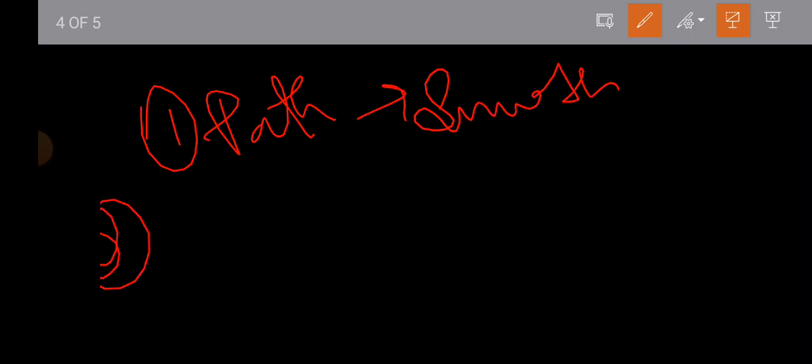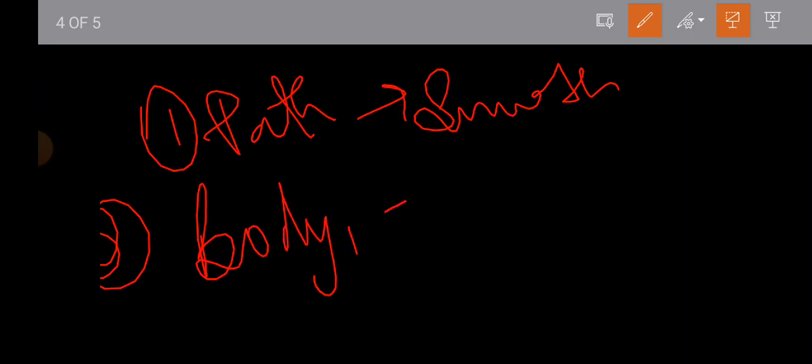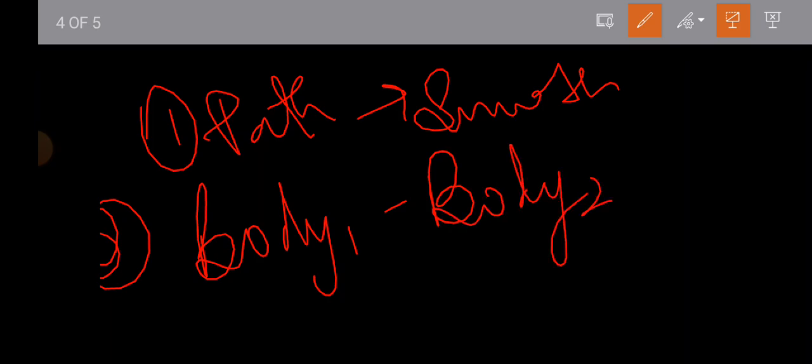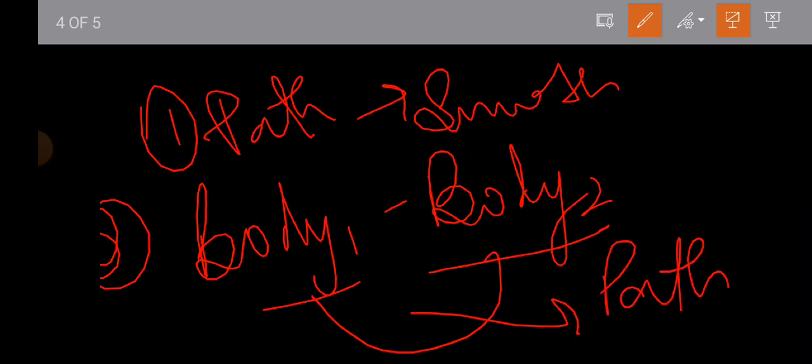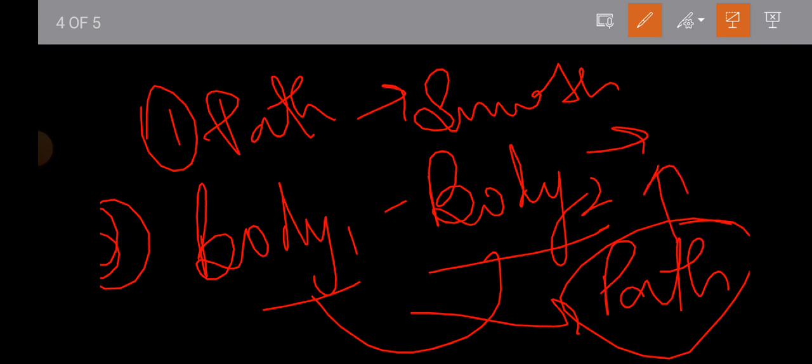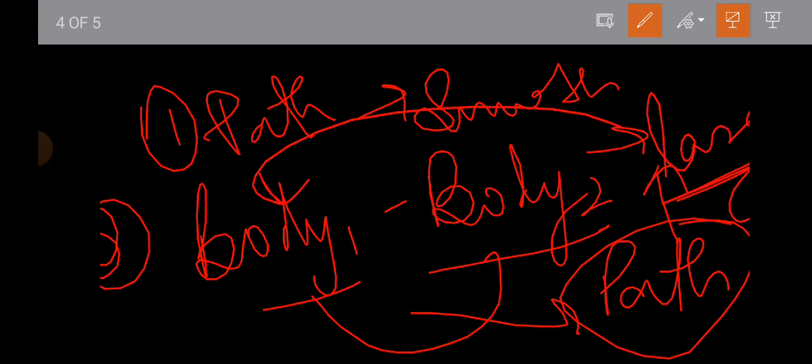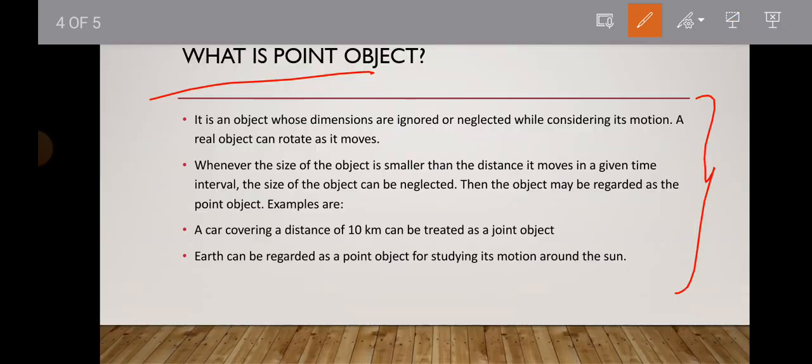And in point object questions you would be given body 1 and body 2, and the path of body 2 should be much larger than the path of body 1. If you didn't understand that yet, we will understand it in the questions. But it is an object whose dimensions can be ignored and neglected while considering the motion.